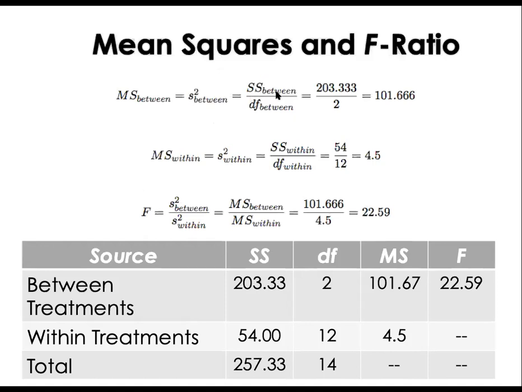Sum of squares between 203.33 divided by 2, you get 101.67. Within is 54 divided by 12, you should get 4.5. And then when you calculate your F, we're going to do mean square between divided by mean square within. 101.66 divided by 4.5, you should get 22.59.